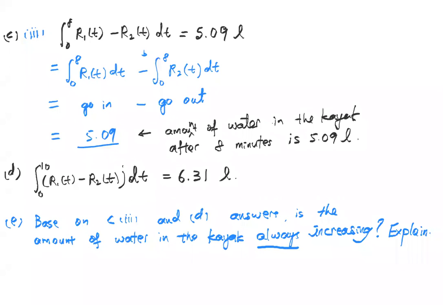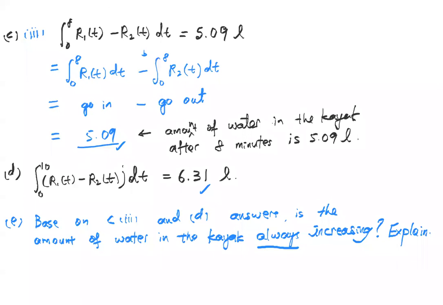Is that true based on this model? Based on the answer in C and D, yes. But if you go to the graph, can you sketch the graph? Because from 5.09, after 10 minutes you go to 6.31. So based on that answer, yes. But as time passes, because I don't know what happened after 10 minutes, what I need to do is sketch the graph.